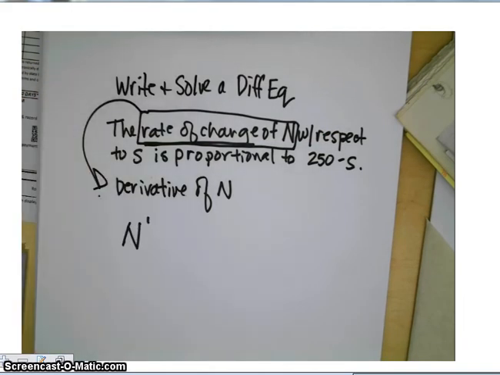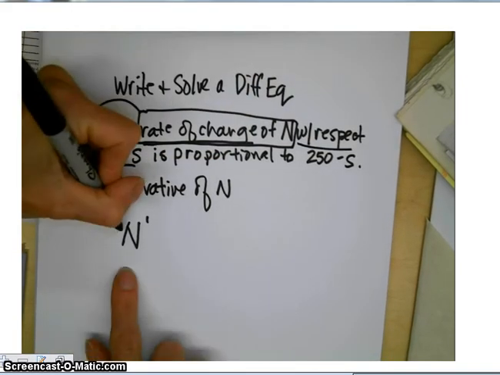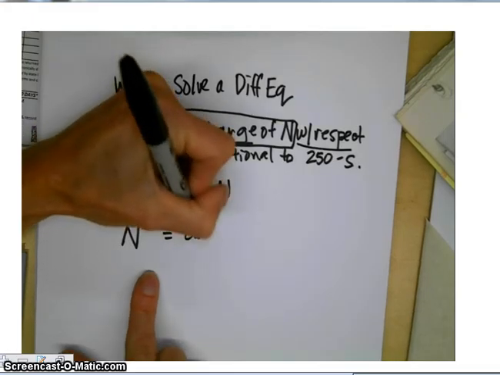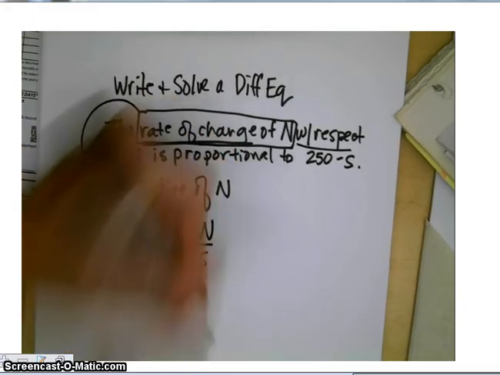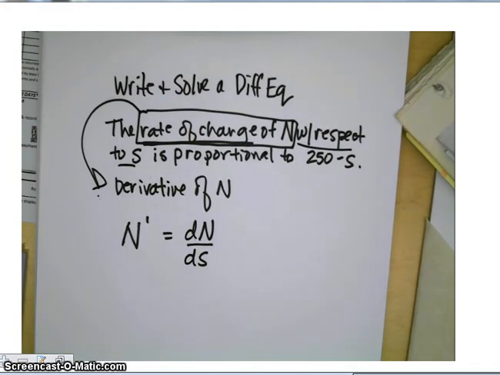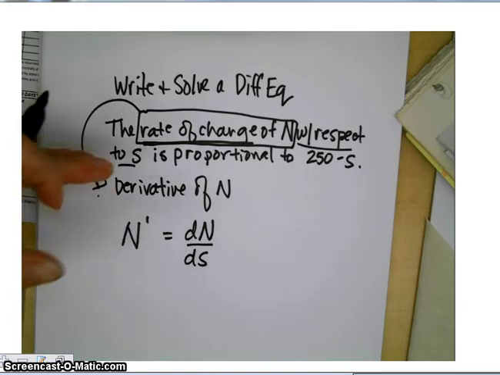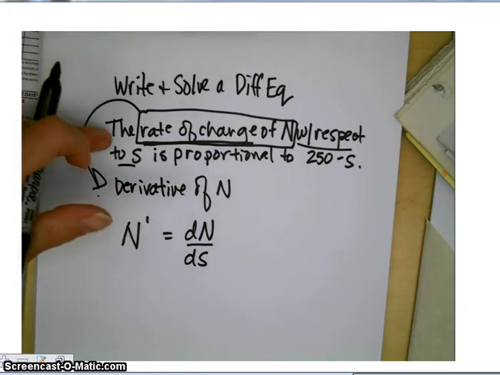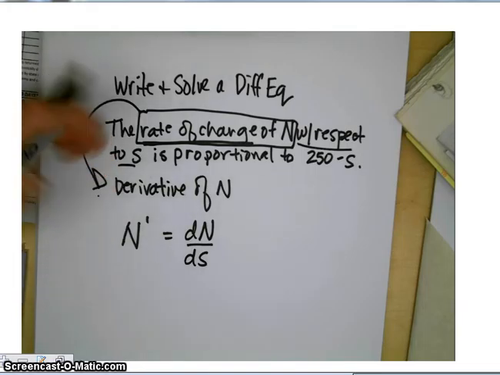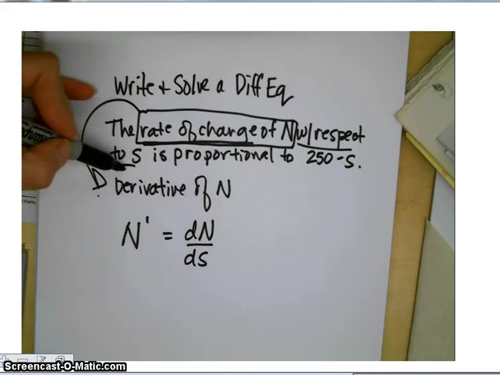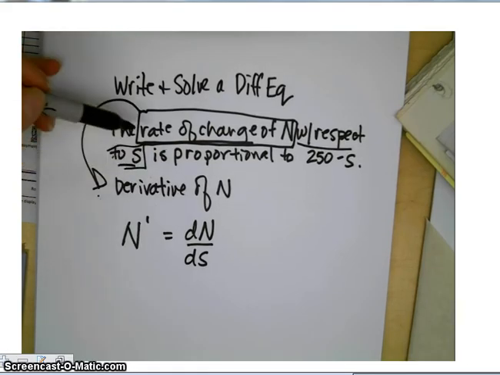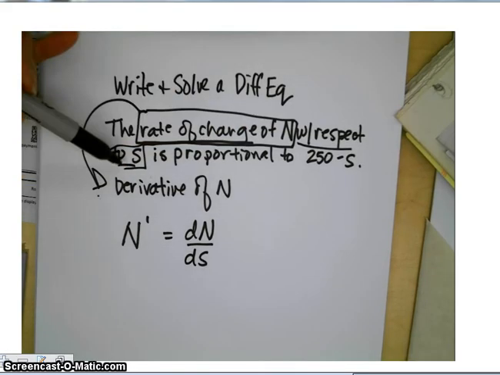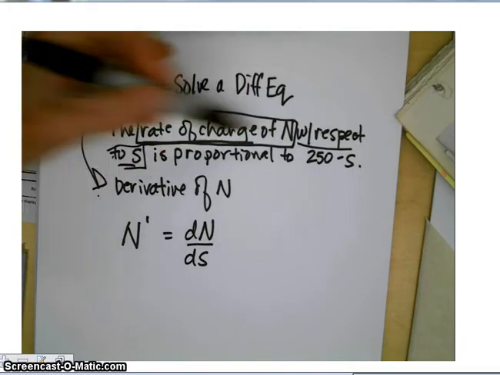The rate of change of n with respect to s. Well, even better, instead of writing n prime, couldn't we write dn over ds then? Because they're very specific. They're telling you the variables to use. Instead of the rate of change of y with respect to x, which would be dy over dx, they're saying the rate of change of n with respect to s.